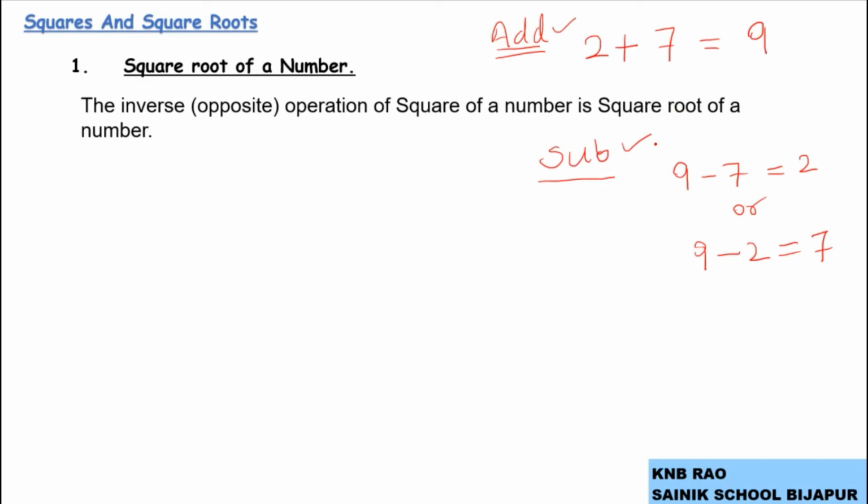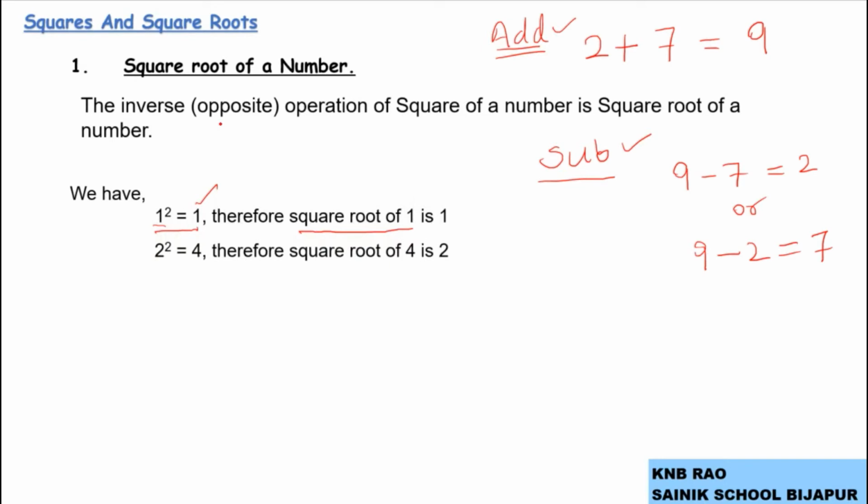So we shall take examples for this square root. We have 1 square being 1, therefore we can say square root of 1 is 1. I'll give you one more example. We know the fact that 2 square is 4.